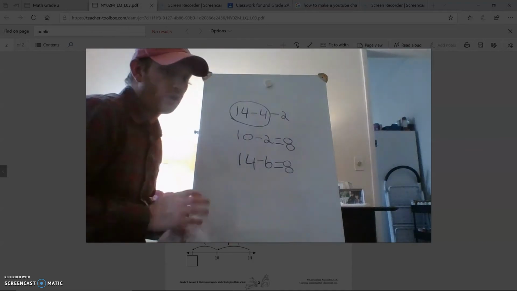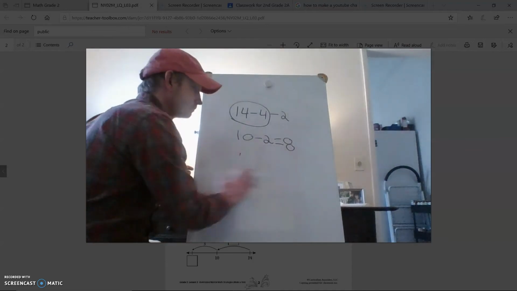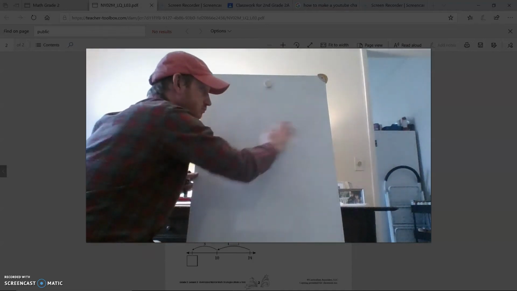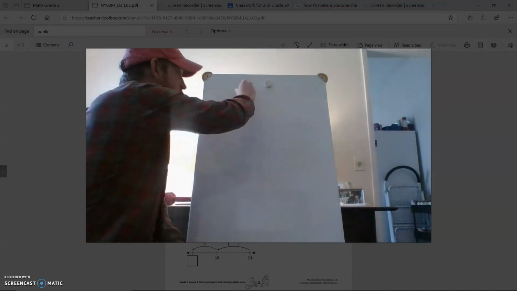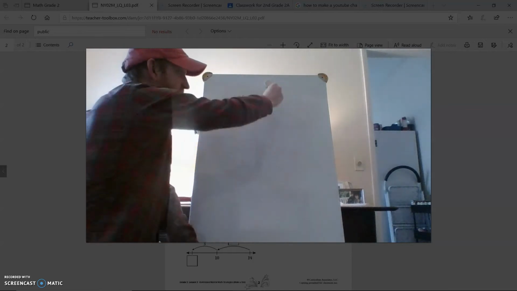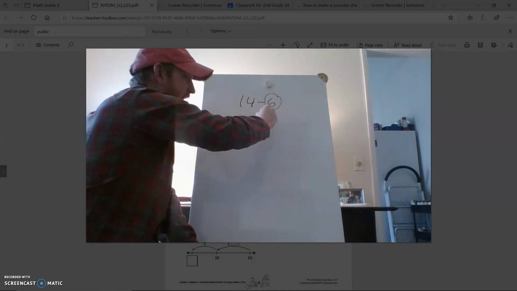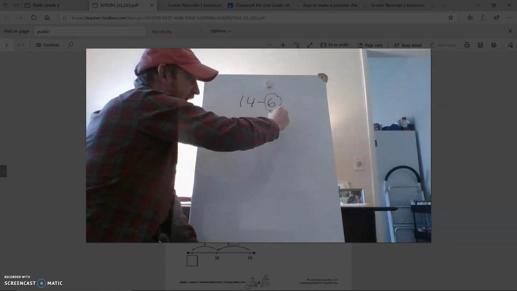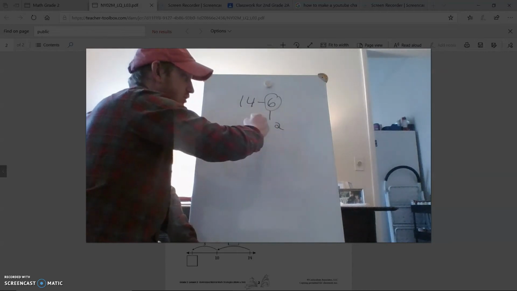Let's go over that again really quickly. We have 14 minus 6. 6 is the same as 4 and 2.